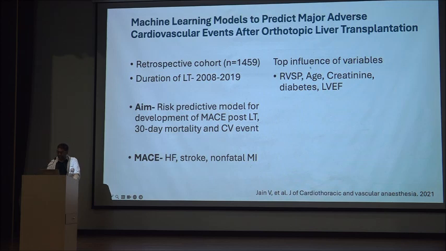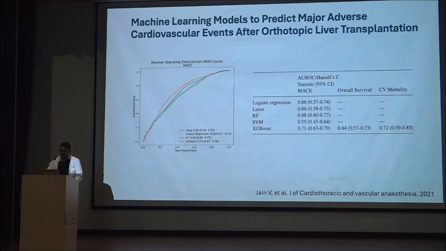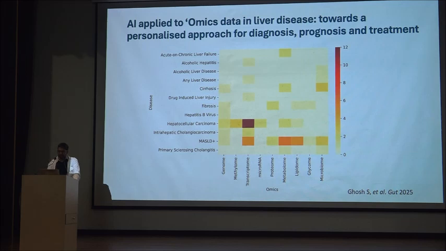On the Shapley analysis, the top influencing variables were right ventricular systolic pressure, age, creatinine, diabetes and left ventricular ejection fraction post-MI. They found that the XGBoost machine learning model had the best prediction for development of MACE and other secondary objectives in the post-liver transplant cohort.